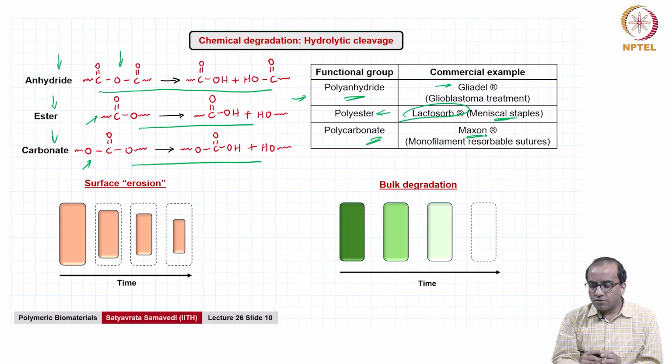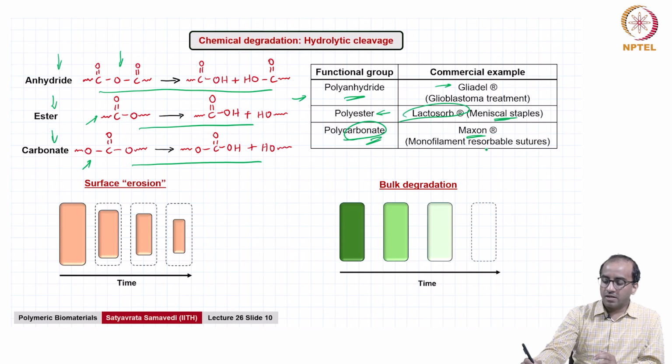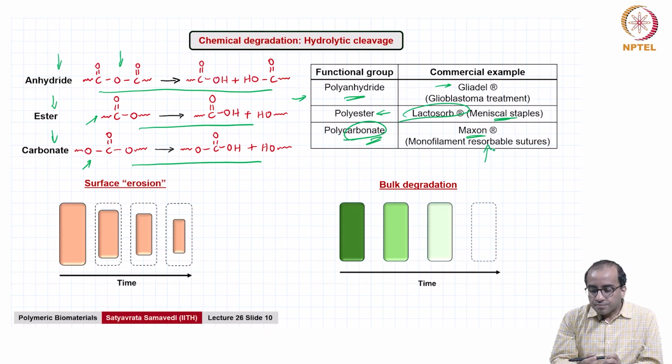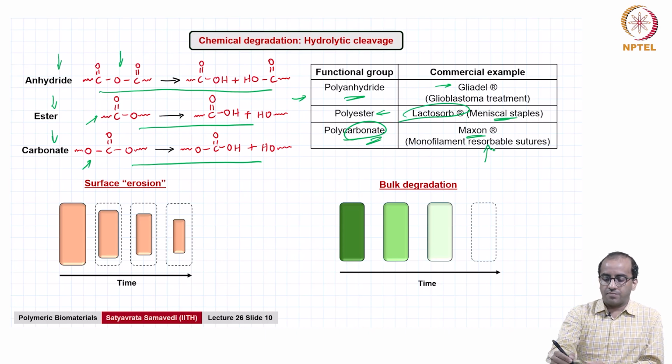Essentially, it is a copolymer of the glycolic acid and a trimethyl carbonate. Remember, here we are talking about carbonates. So, it is a copolymer of a glycolic acid and a trimethyl carbonate that is going to make it resorbable. So, just 3 commercial examples of polymers that incorporate the anhydride, ester and the carbonate functional groups.